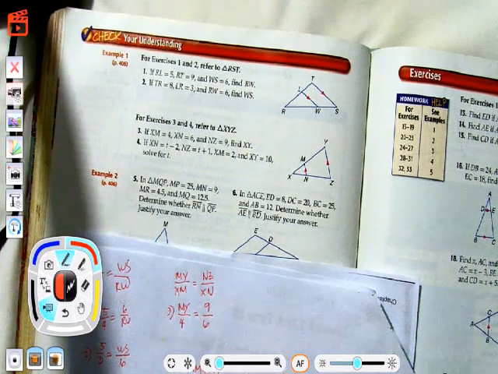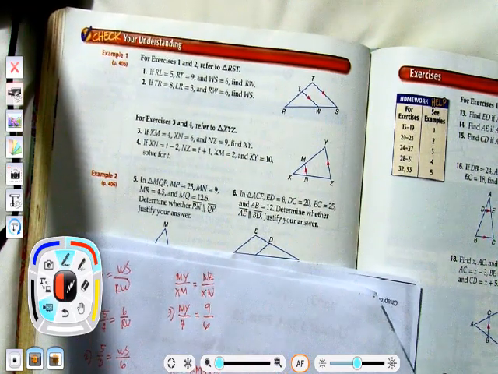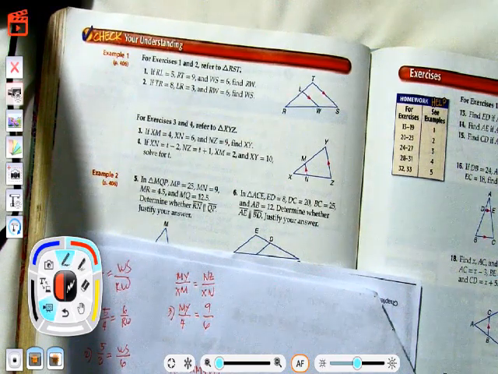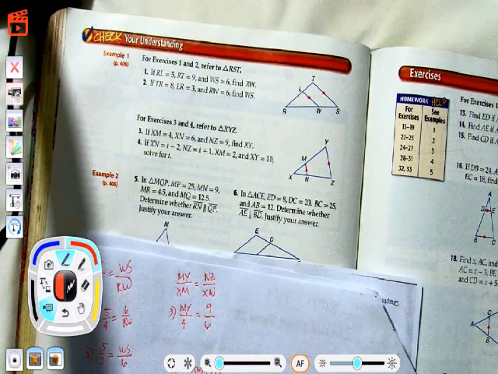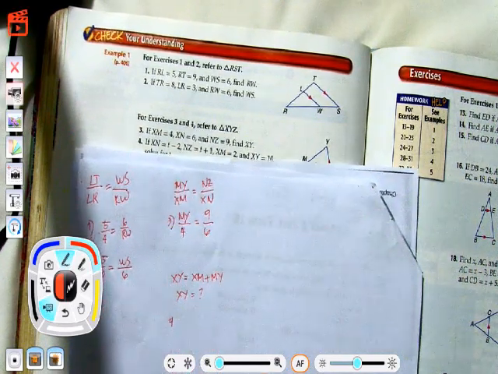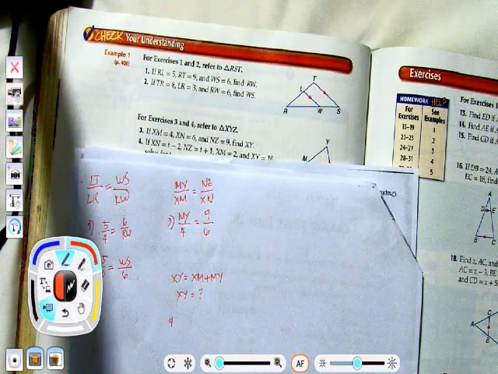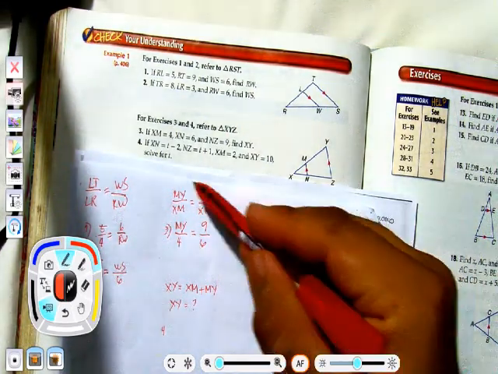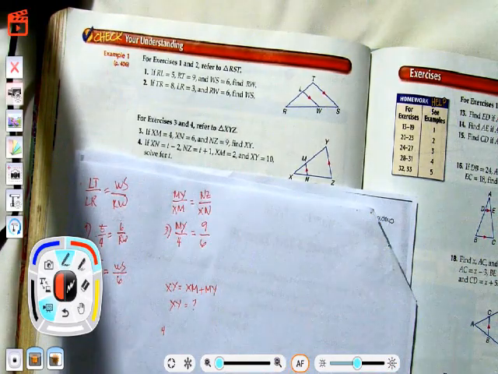So XY is equals to, I don't know, you can solve it already. Number 4, we're going there. For number 4, solve for t. Don't be bothered with t minus 2, t plus 1. Just go back to the basic of what this lesson about parallel lines tells us.